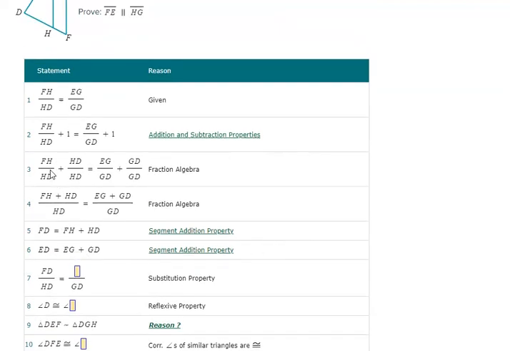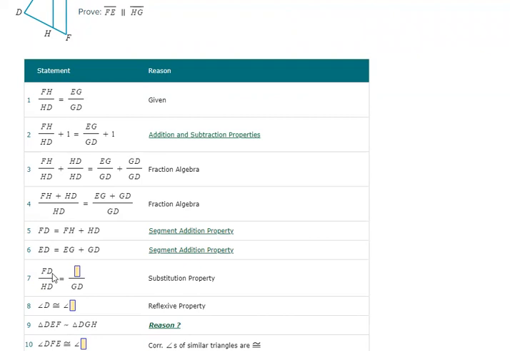What we did was add 1 to both sides. Then we replaced 1 with this fraction, and then we added the numerators to simplify. But since adding two segments wasn't fun, we just wrote those sums as FD equals these two, and ED as these two. And now we are going to replace the numerator with FD, because FH plus HD is FD.